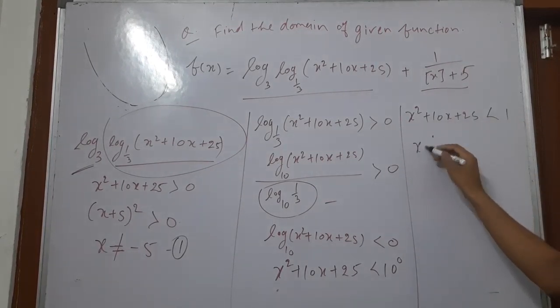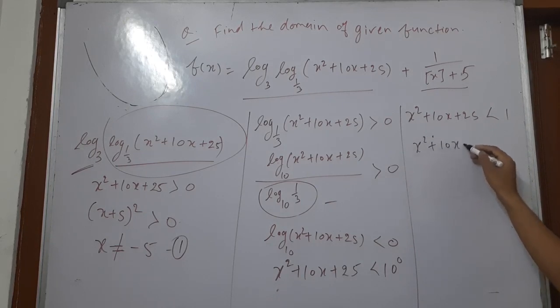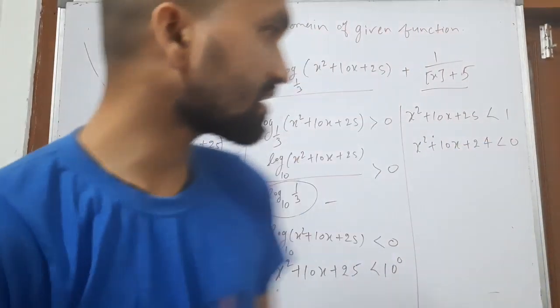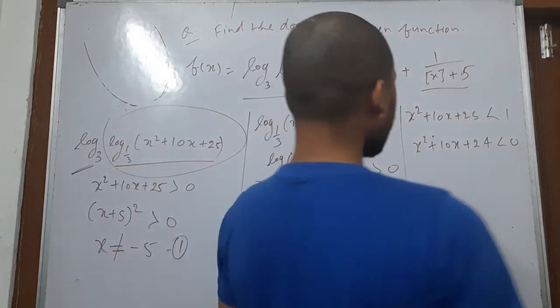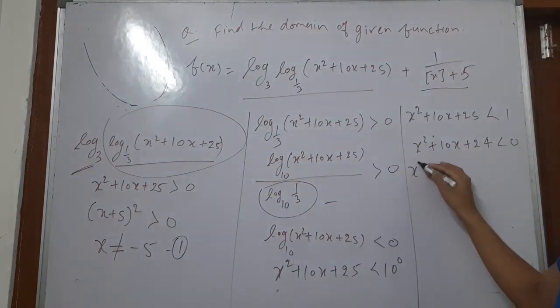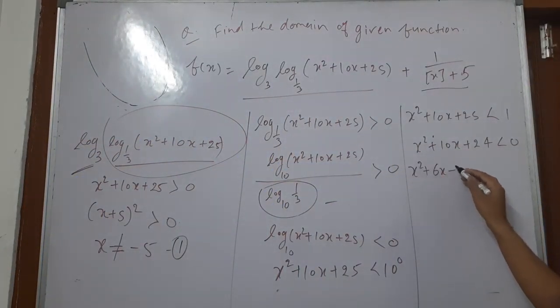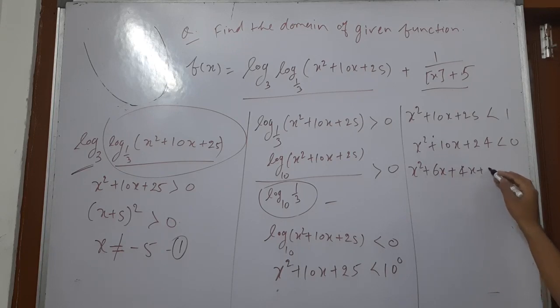This becomes x square plus 10x plus 24 is less than 0. Now we should factorize this relation. Yes, it can easily be factorized, because x square plus 10x can be broken into 6x plus 4x, plus 24 less than 0.